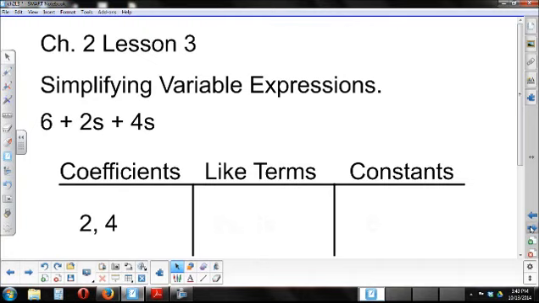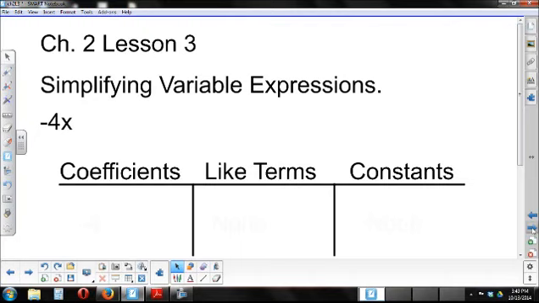The like terms are 2s and 4s, and the constants are just one, 6.